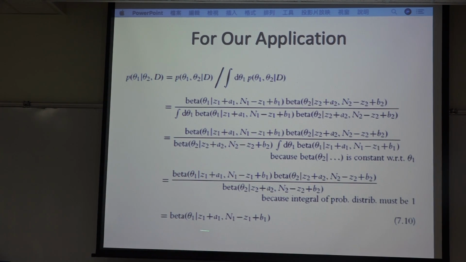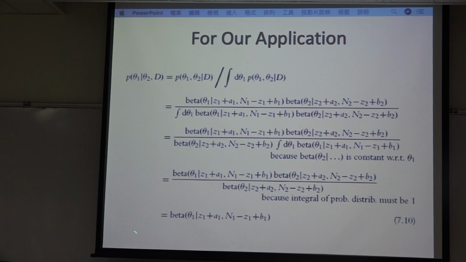So this is your conditional probability distribution. Of course, you can do the similar thing for P of theta 2 on condition of theta 1 and D. You need to change this one to be beta of theta 2 on condition of Z2 plus A2, N2 minus Z2 plus B2.